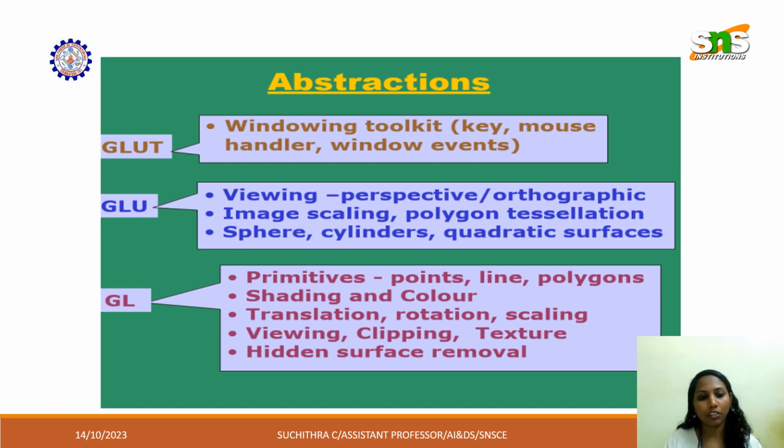Then the functions of GL are the primitives, like we already said: points, lines, polygons. Then shading and colors, translation, rotation, scaling, viewing, clipping, texture, and hidden surface removal. All this comes under the graphics library.